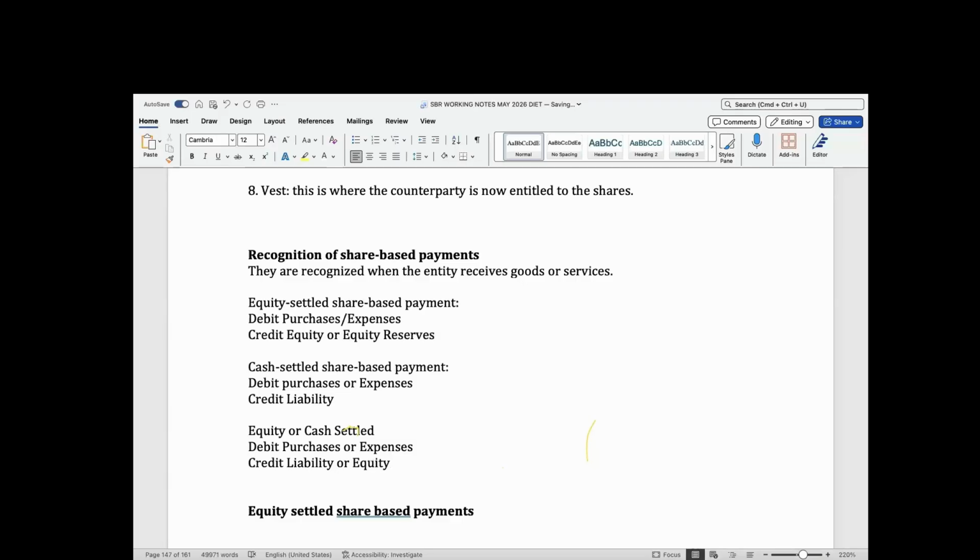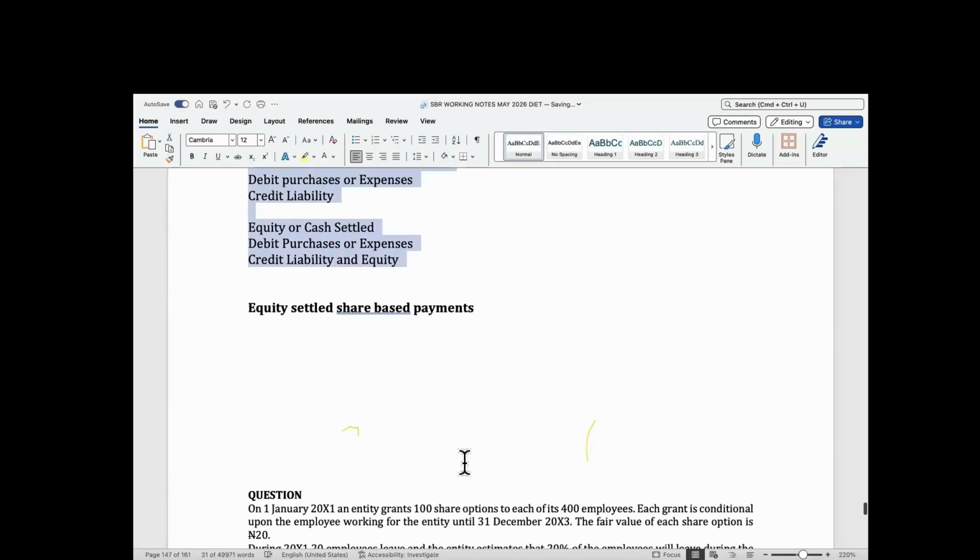This one is usually a compound instrument where we are going to have to credit equity and liability. We're still going to learn about compound instruments in this class, so we will see how that is treated. So this is the general way of recognizing that.